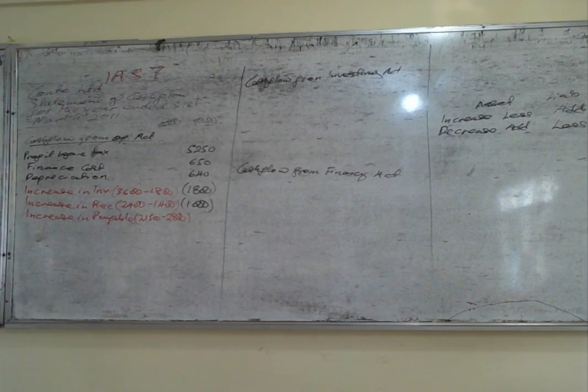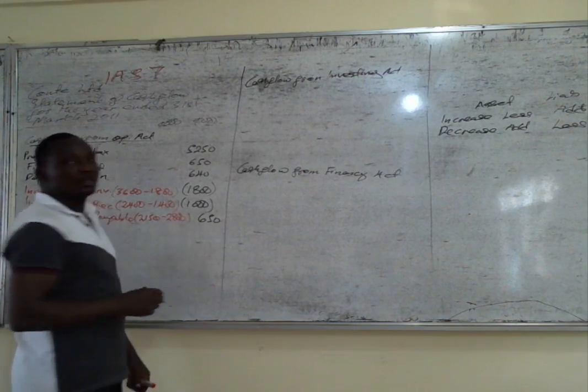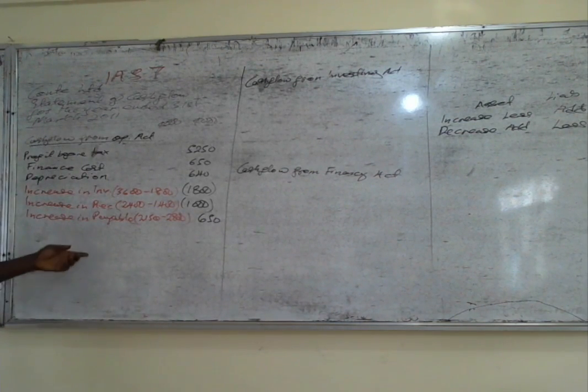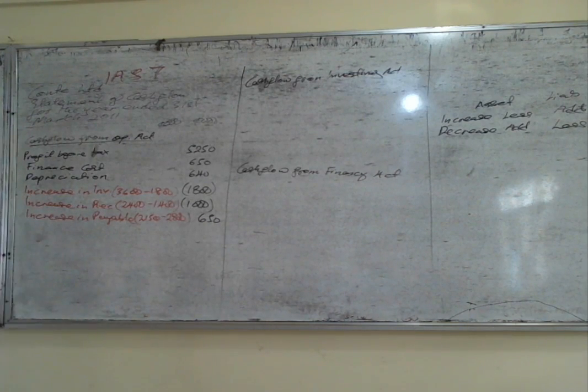So the change is how much? 650. So it's a liability, and if we are increasing it, it means that they are financing us. It's like you're receiving the money. So the change in the liability, if it is an increase, we add. I'm adding, I'm not going to subtract. I hope it's simple.